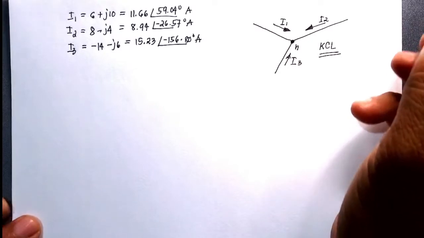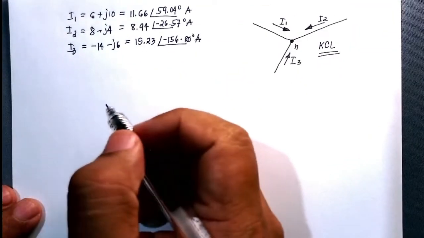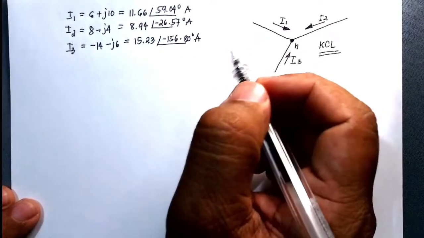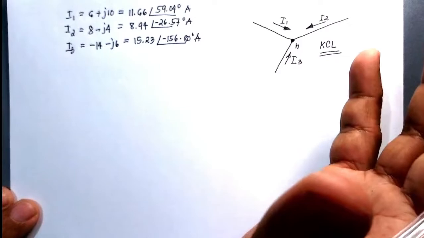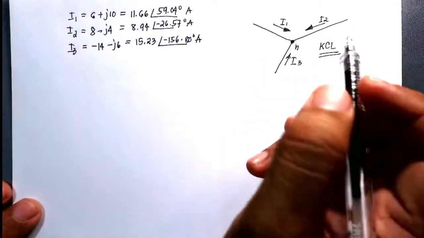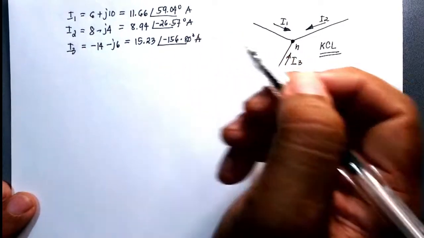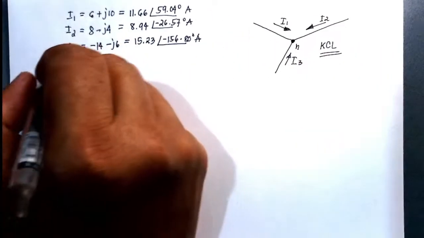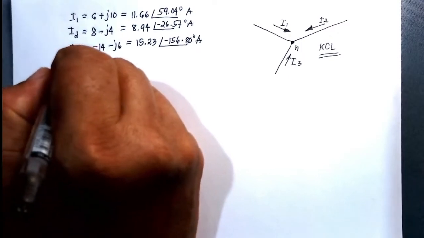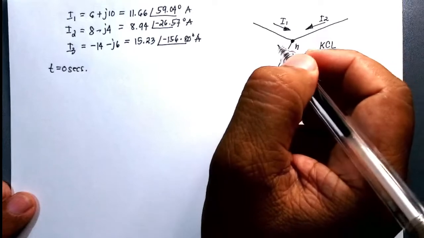Just to show you, since we are dealing with the time function here, considering the time t, let us get the values for I sub 1, I sub 2, I sub 3, wherein the time is equal to 0 seconds.